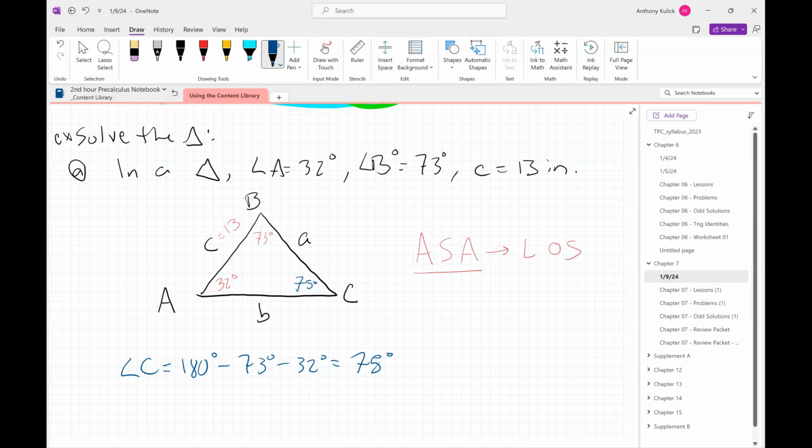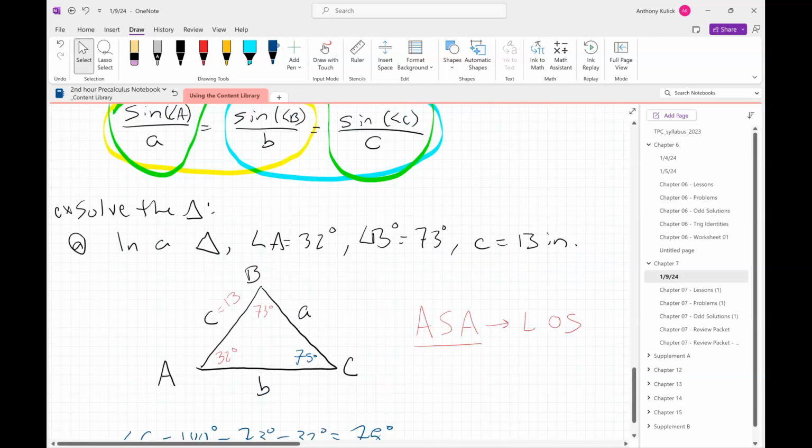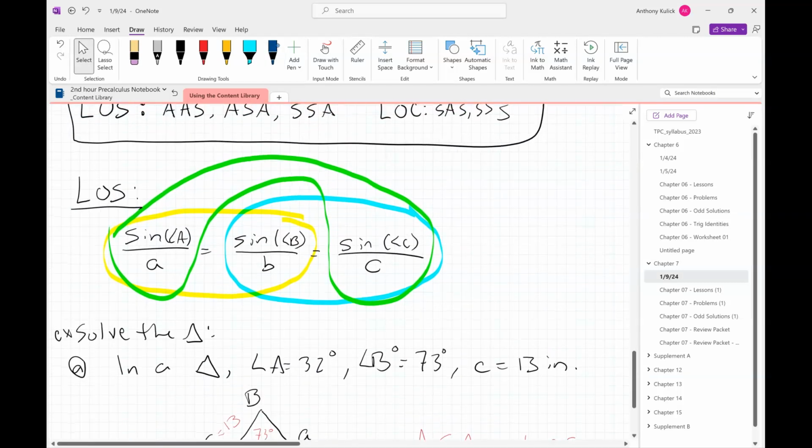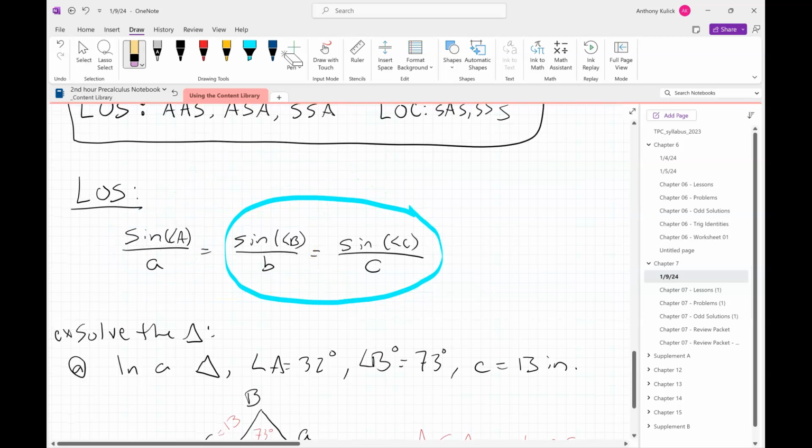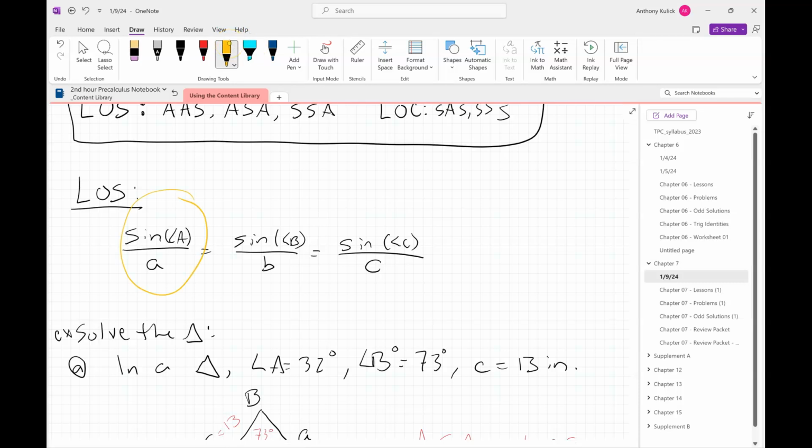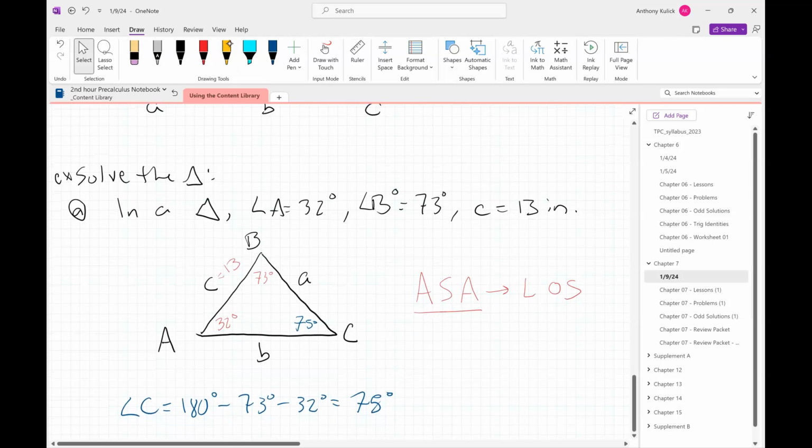Now I'm going to apply the law of sines. Let's go back and look at the formula. So when I'm looking at my law of sines, I am looking for a situation where I have the angle and the side opposite it. So that's what I want to start with. I want to go back and look at my picture and find the angle that I know and the side that's opposite of that angle that I also know.